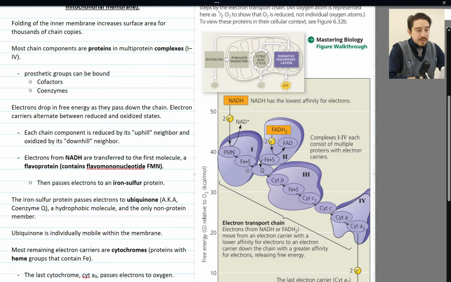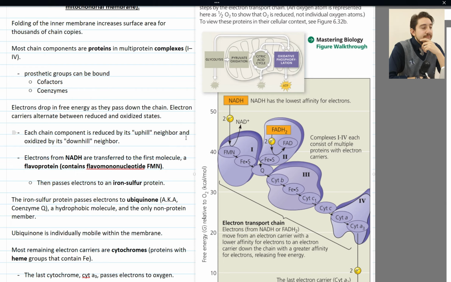So here's protein complex 1, complex 2, complex 3, and so forth. They all work together with other compounds and chemical groups that are referred to as prosthetic groups, which are essentially cofactors or coenzymes working alongside these complexes.